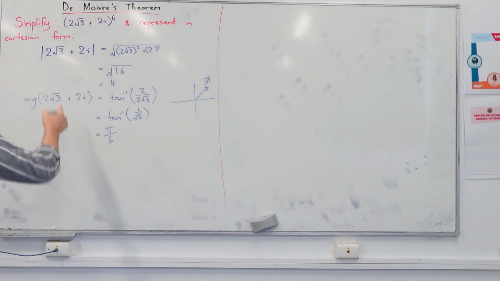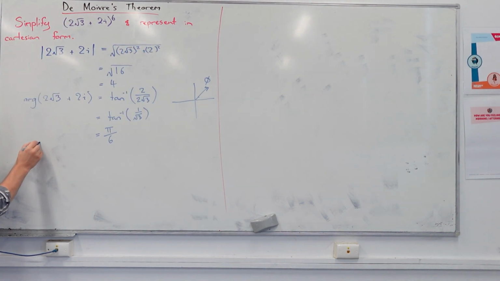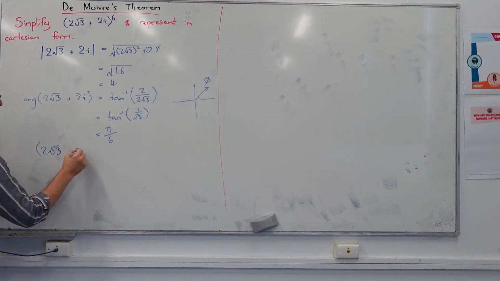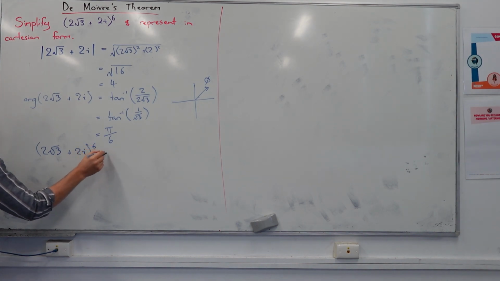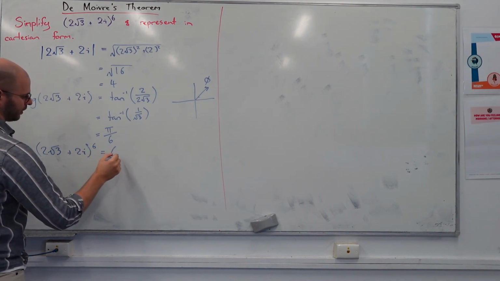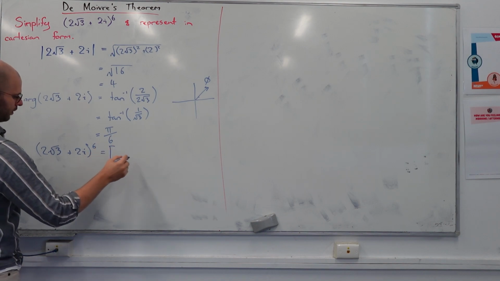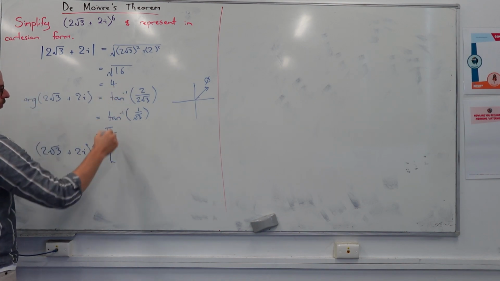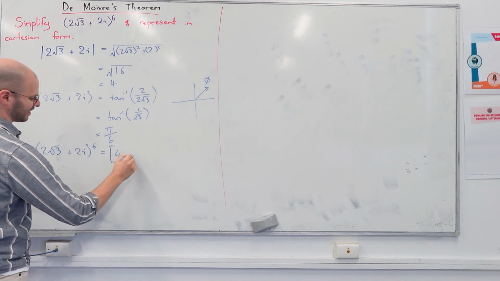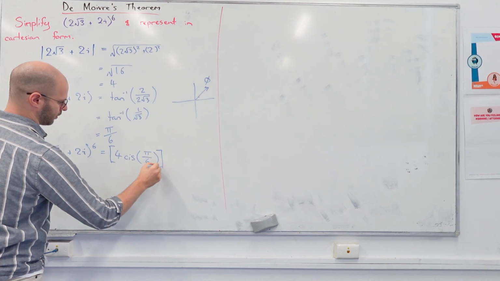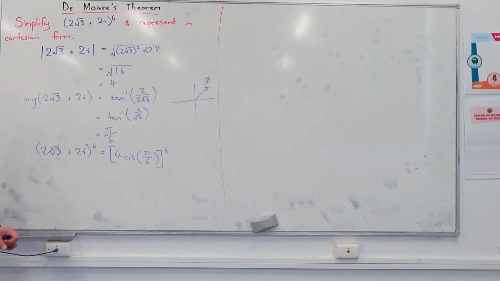Therefore, we can rewrite this guy over here, 2 root 3 plus 2i all to the power of 6, as the same as, I'll use square brackets now, 4 cis pi on 6 all to the power of 6.